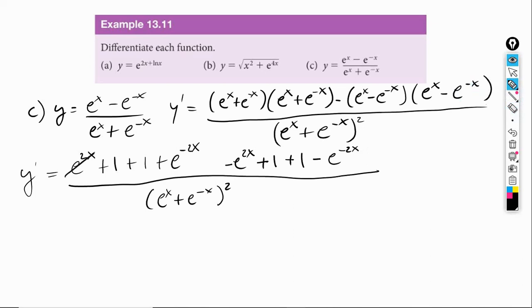So notice that this and this cancel out, and this and this cancel out, and we are left with the derivative of y equaling 4 over e to the x plus e to the minus x squared.